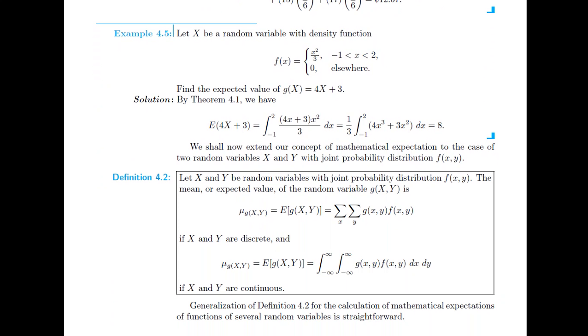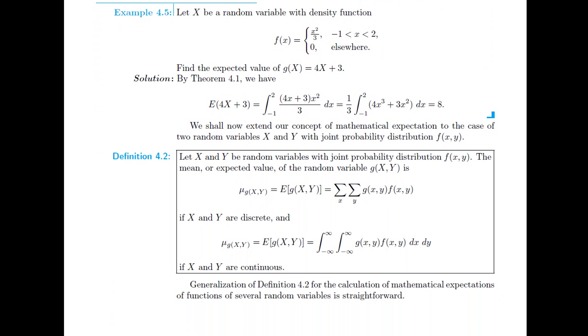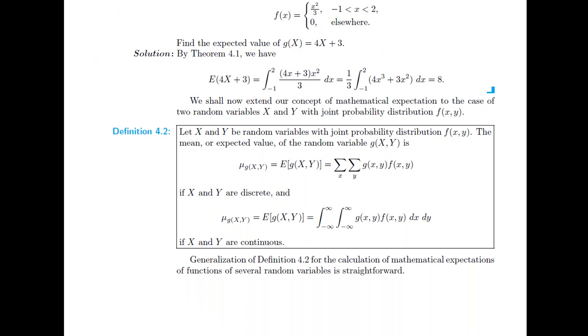We shall now extend our concept of mathematical expectation to the case of two random variables X and Y with joint probability distribution. The definition: let X and Y be random variables with joint probability distribution f(x,y).